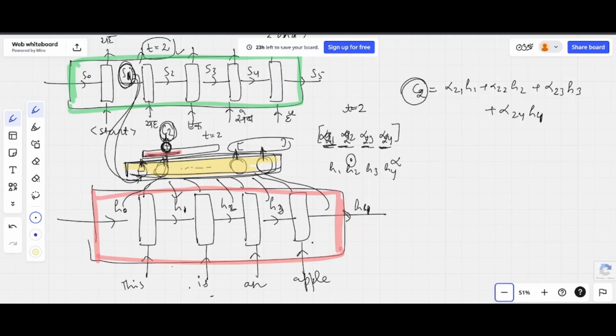This final c2 will then go as input inside our decoder along with S1 and Y1, and it will help us predict what our next word will be and what the corresponding hidden state will be. So after this, we will get Y2 as output, and we will get S2 as output.